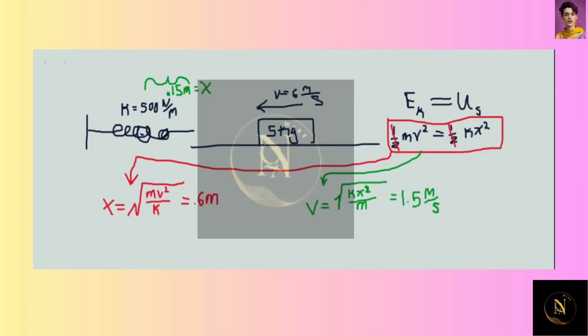And we get v equal to the square root of kx squared over m. And we sub in the values that we know, remembering that this time x is equal to 0.15 meters, and we get that the velocity has to be 1.5 meters per second. That's how much energy the block has to have in order to compress the spring by that far.